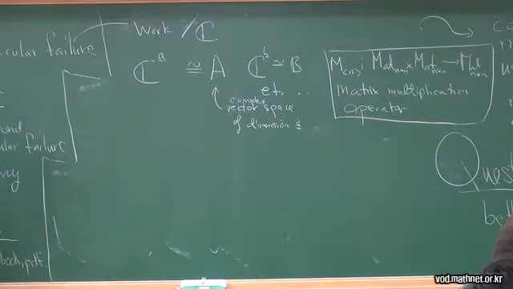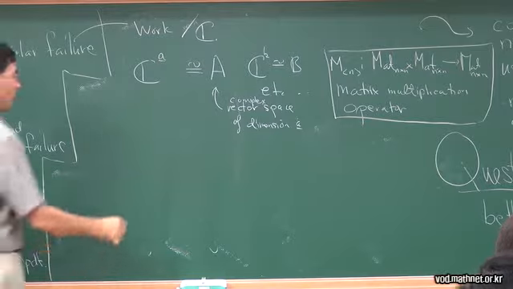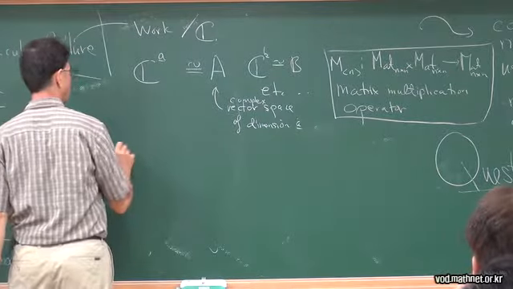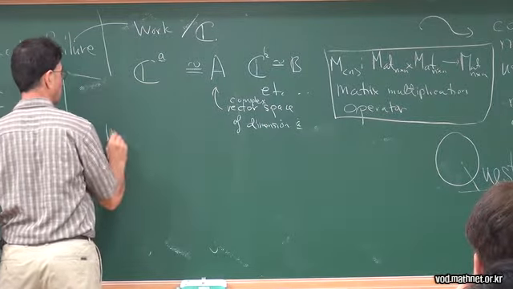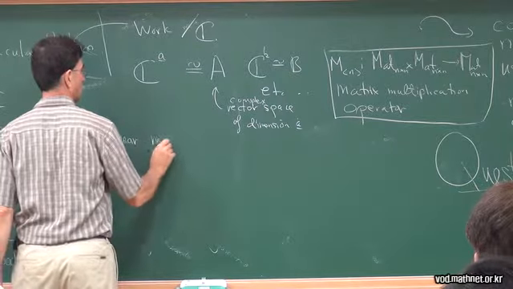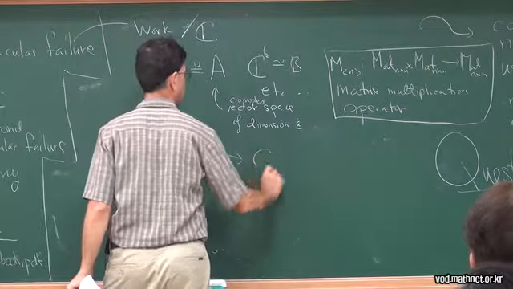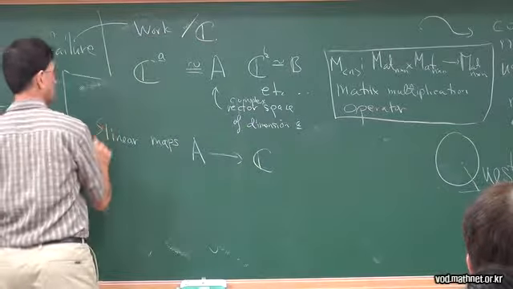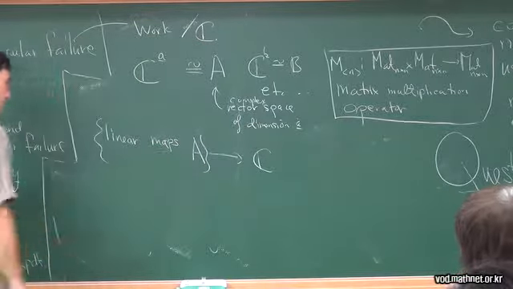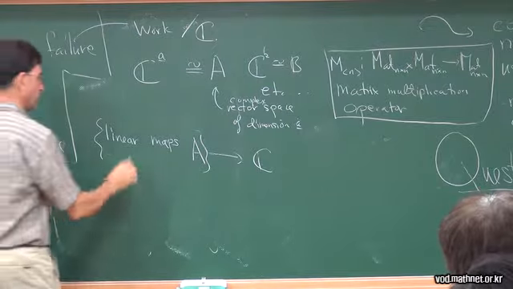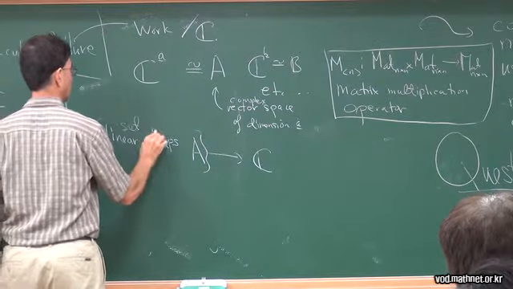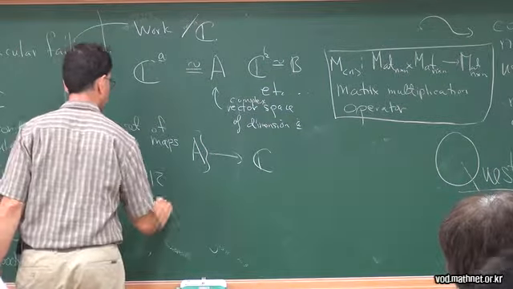Now, given a complex vector space, we can look at the linear maps from our complex vector space to our ground field. And this space is also a vector space called the dual space.